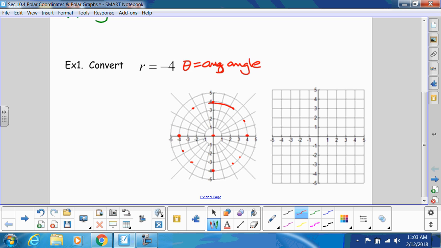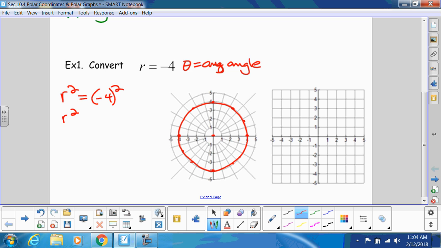So what does that make? That makes a circle. Notice that it's a lot easier to draw polar equations and polar curves on a polar grid. Now, if I wanted to convert that to rectangular, then I would say, okay, r squared is equal to -4 squared.